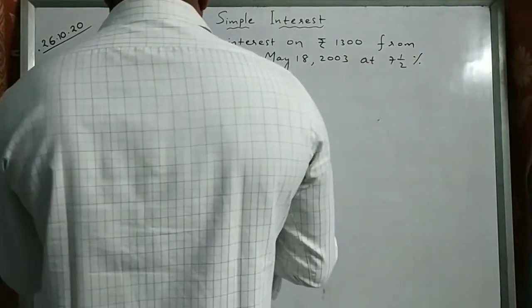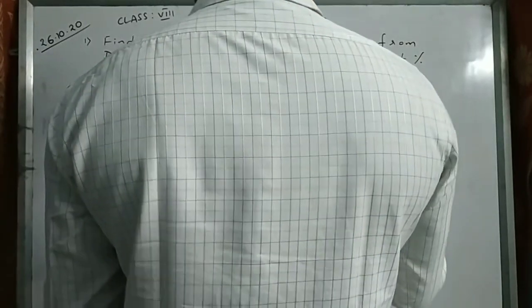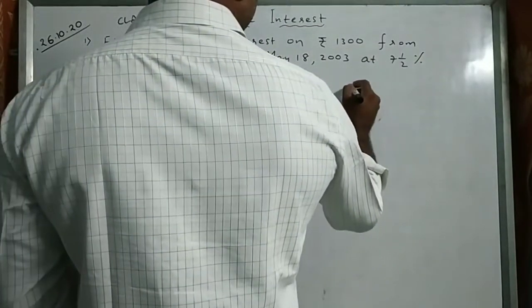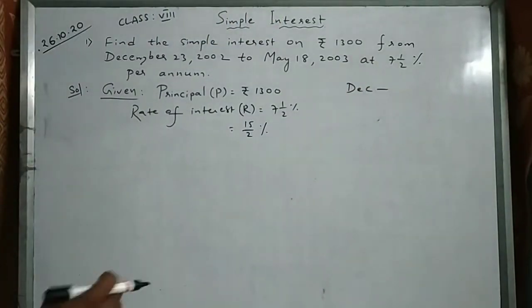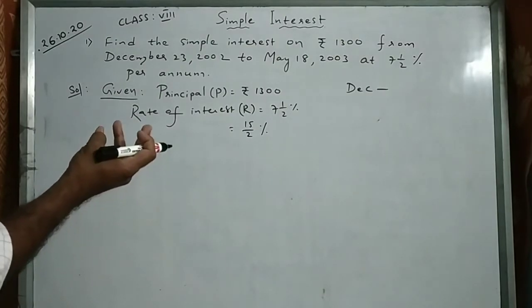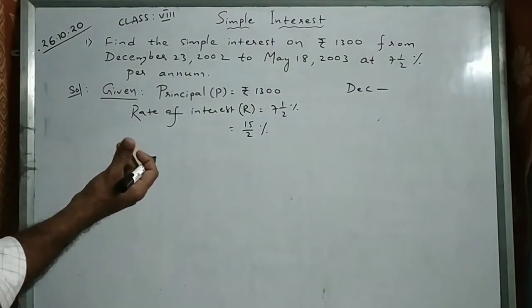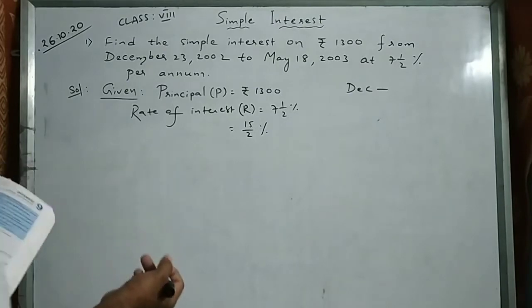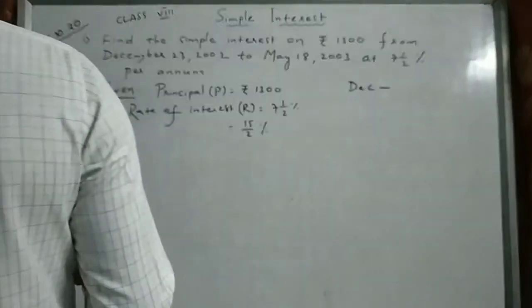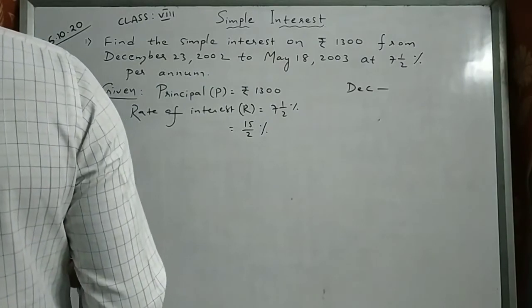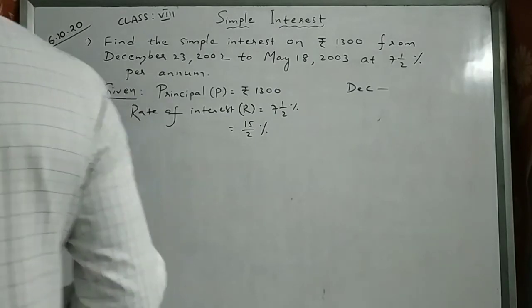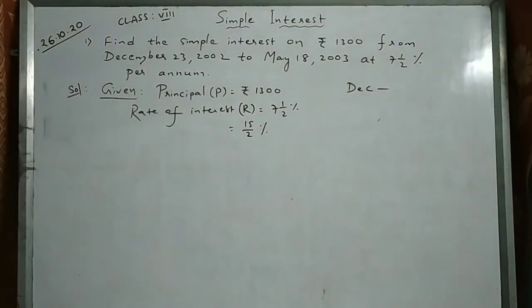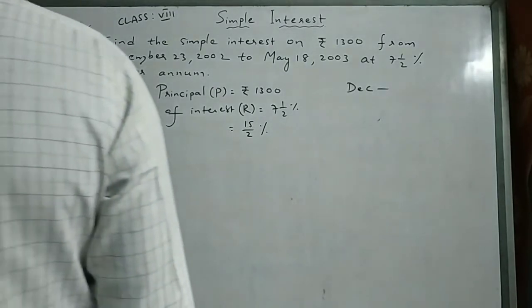Now I will calculate time here. What did they give here, time? December 23rd, right? So in December how many days are there? From December 23rd: 23, 24, 25, 26, 27, 28, 29, 30, 31. 9 days are there.